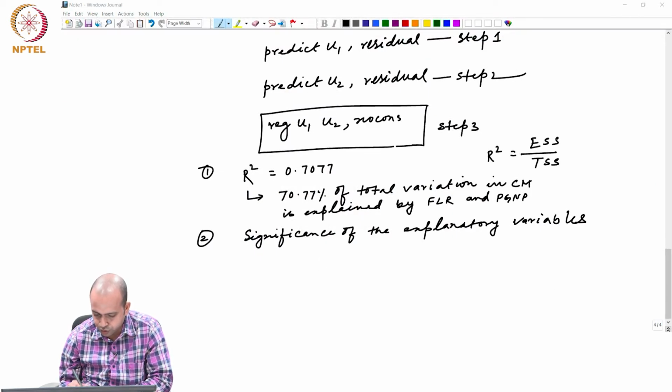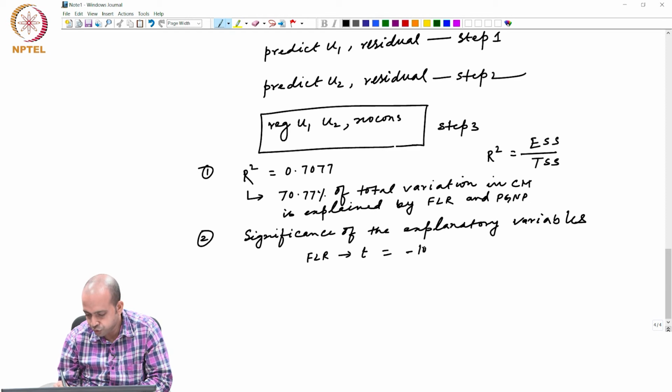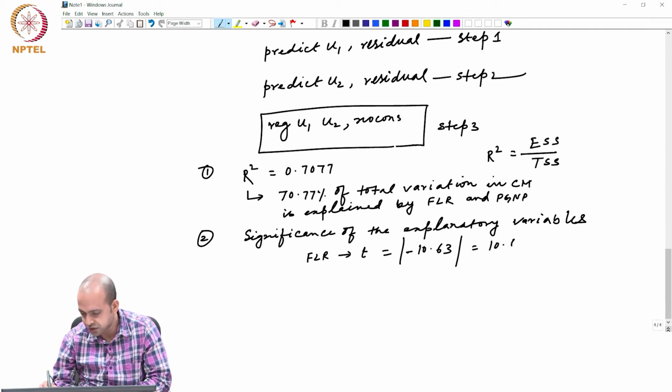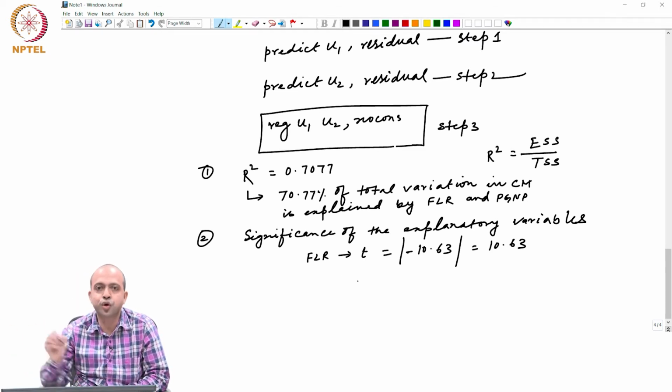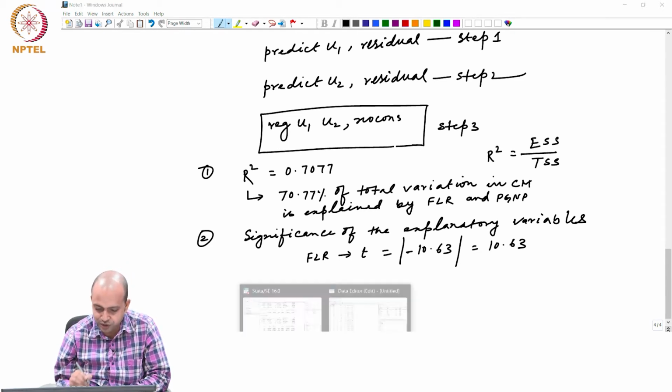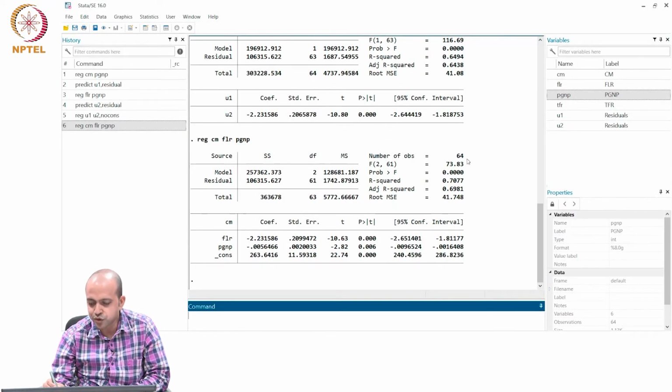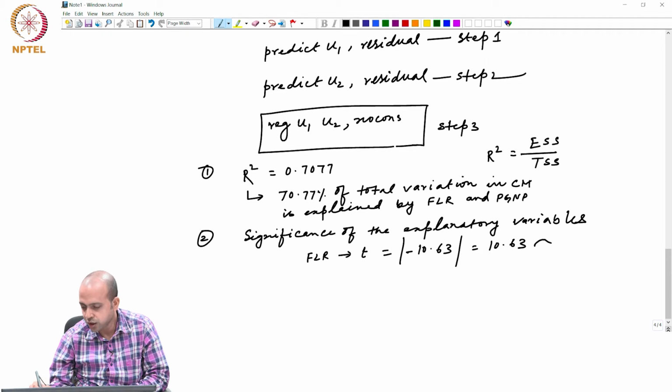Corresponding to FLR, the t value equals minus 10.63. So we need to take the modulus of this, which becomes 10.63, and this is called the calculated t value, which we should compare with the tabulated one. And what should be the degrees of freedom? The total number of observations is 64, and as we said, the t will always follow a t distribution with n minus 2 degrees of freedom.